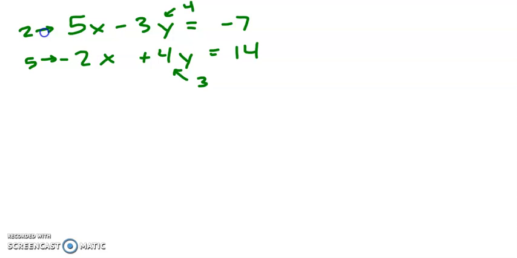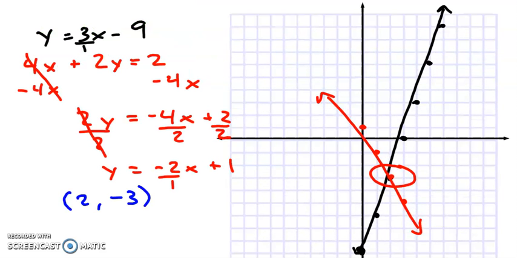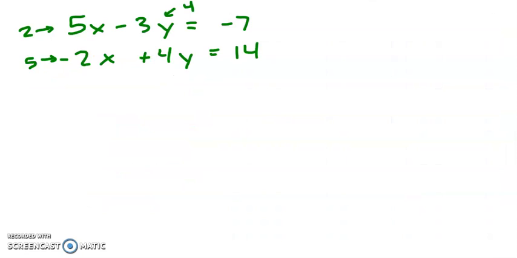I'm just going to do the x's. So, go back here, erase those. Fortunately, I already have one positive and one negative x term, and so I don't have to deal with multiplying by a number.